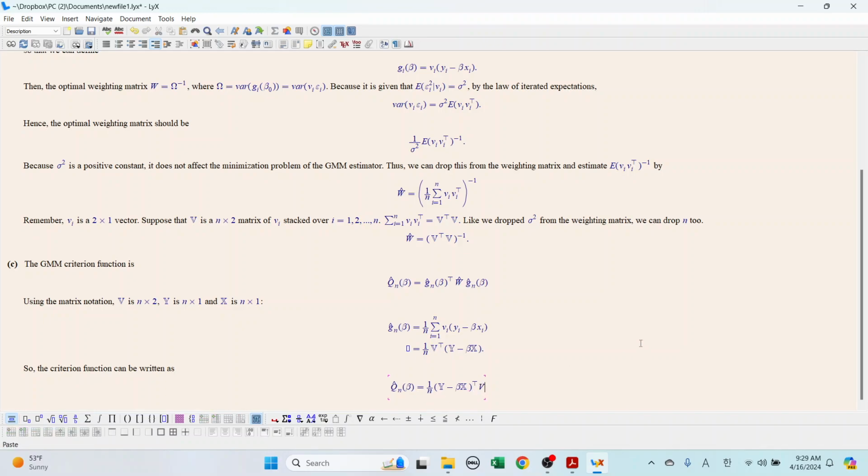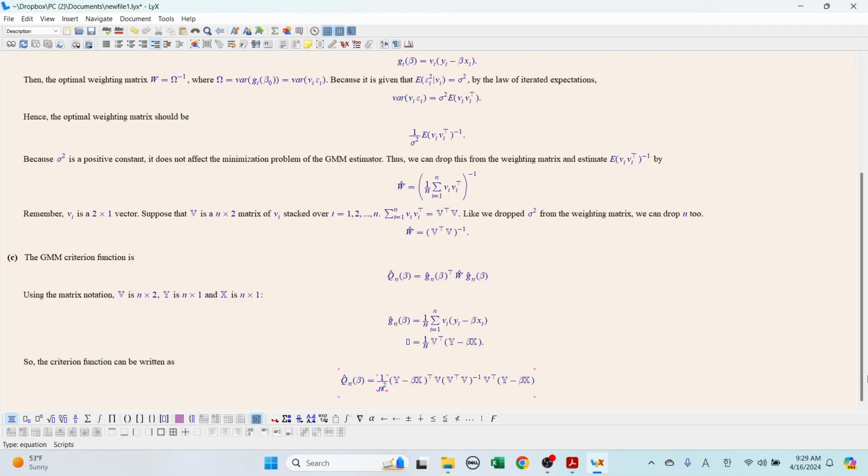So this G hat prime is like this, and times W hat is this, the copy, and then the second G will be here, and I will put 1 over n here. But again, it does not matter.